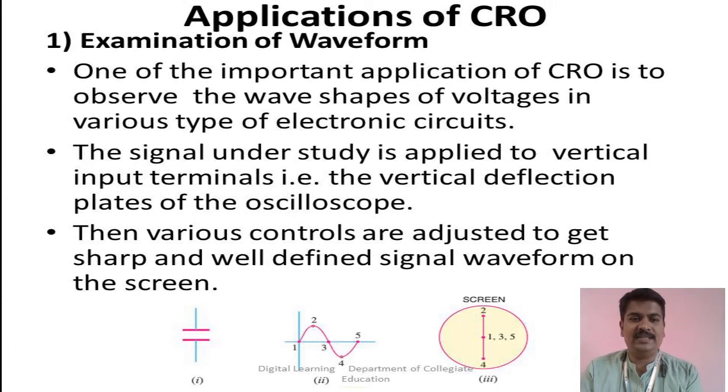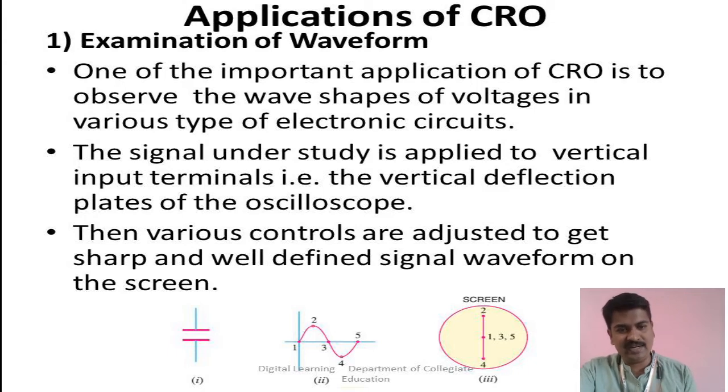Yes, we will start with the first application, that is the examination of waveform. One of the most important applications of CRO is to observe the waveform, the shape of the wave of a voltage, in various types of electronic circuit.